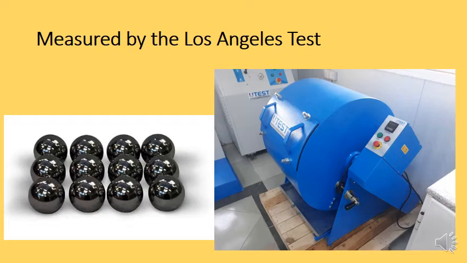After you've done this, you put the aggregate through a sieve, all of the dust that has been made falls through, and you weigh it again. And you take the percentage of aggregate that wasn't broken down.